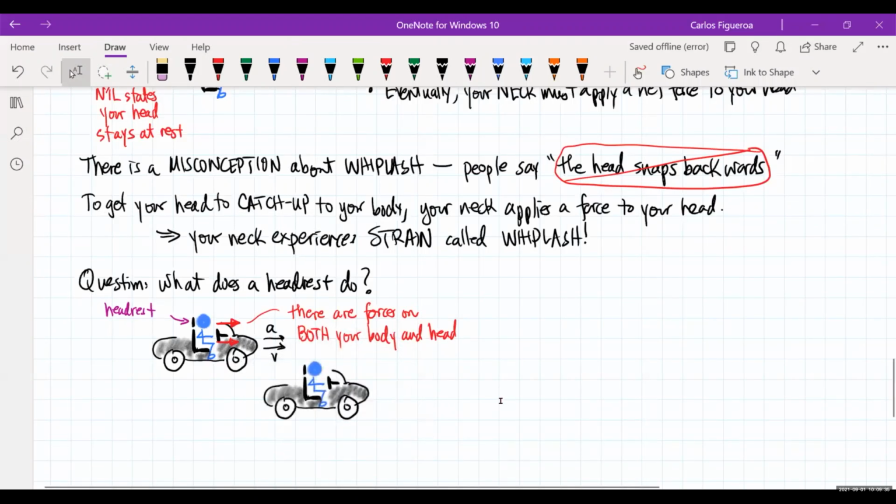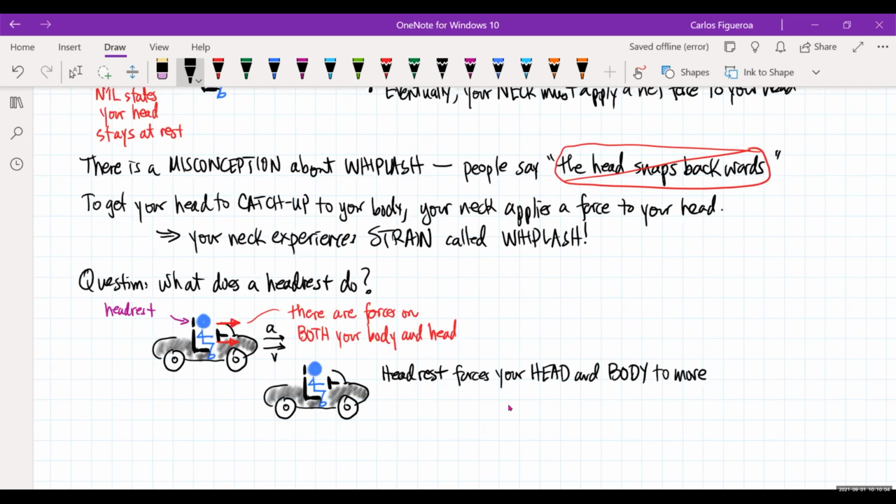So what you're seeing in this case is that the headrest forces your head and body to move together.